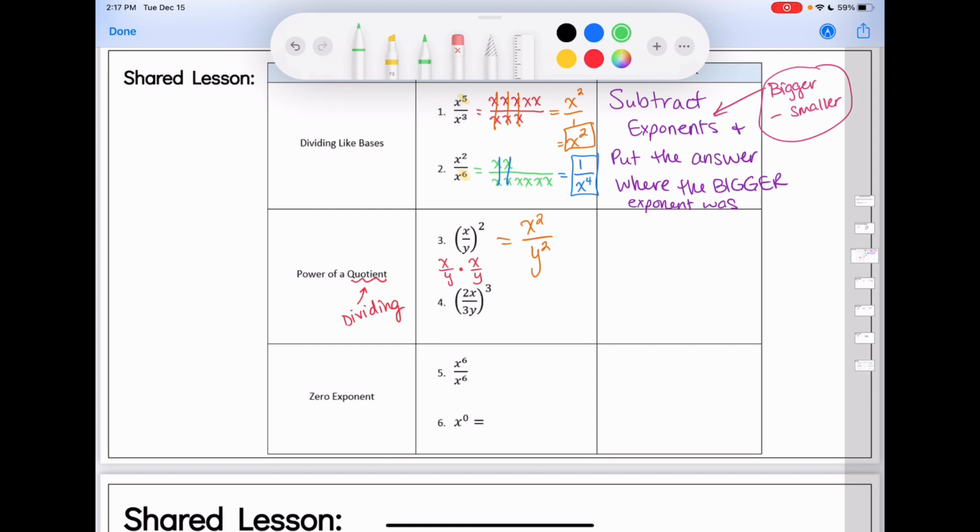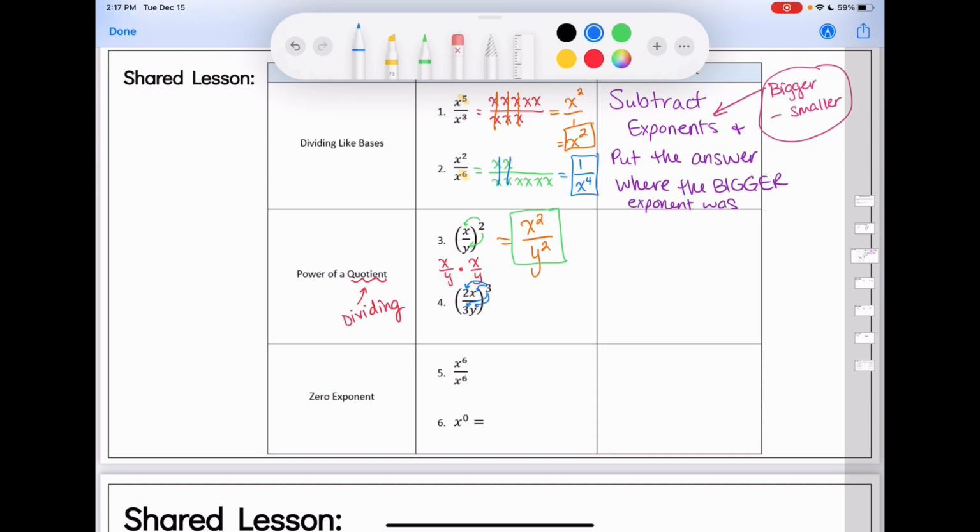Well, I could get the same thing if I just distribute that exponent to each of the bases inside the parentheses. It just happens that one is on the top and one is on the bottom of the fraction. So it's working exactly the same as it did yesterday. So if I look at number 4, 2x over 3y all to the third power. Again, just like yesterday, I'm going to distribute to every single base inside these parentheses.